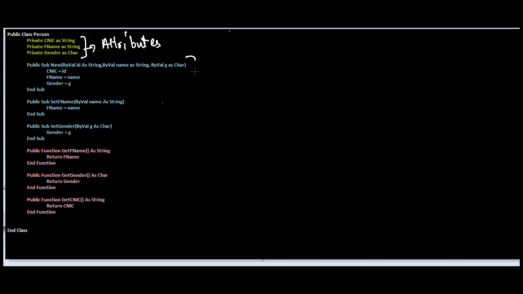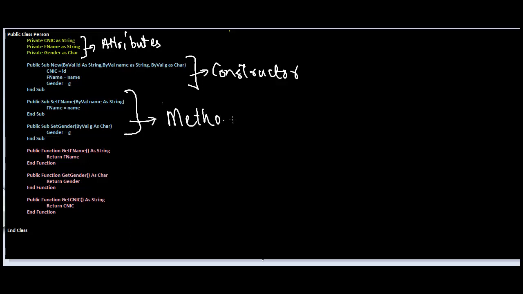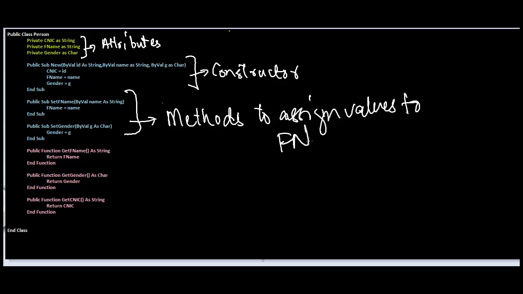We have a constructor, and then we have these 2 methods through which we can assign values to first name as well as gender.